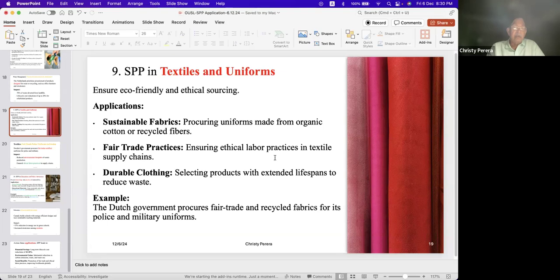They used people who have different types of disabilities for their fabric manufacturing, giving very low labor charges.